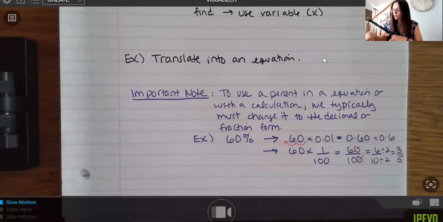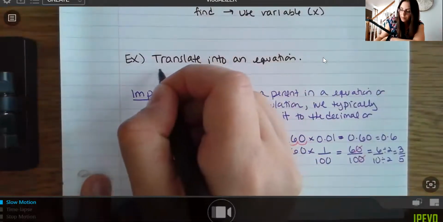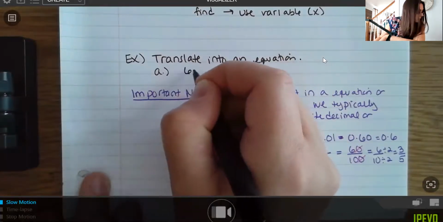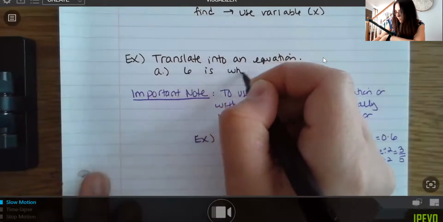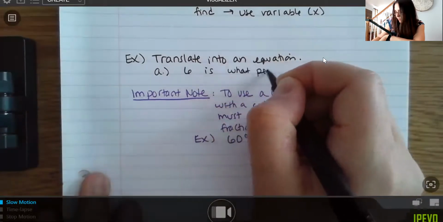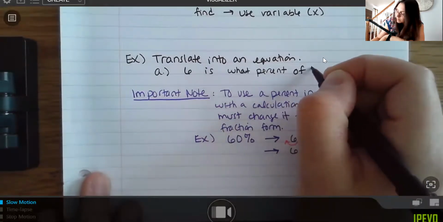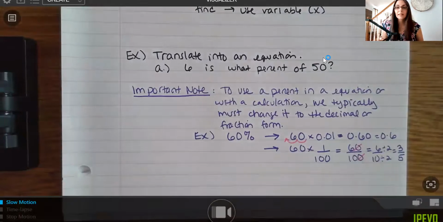So let's go back to our example here. Right under here. So it can be A. So 6 is what percent of 50?